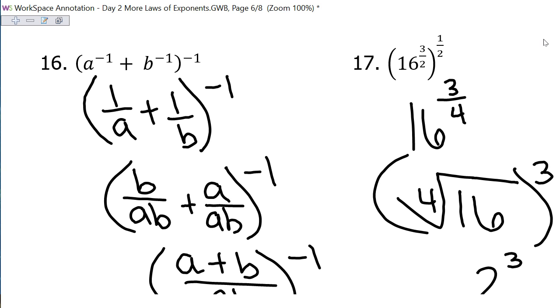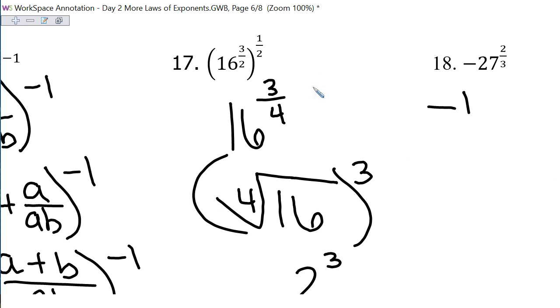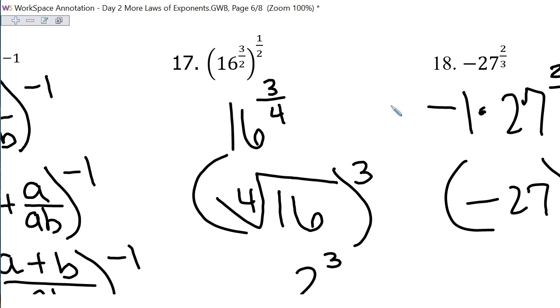And number 18? What is the base for number 18? 27. Notice this is actually negative 1 times 27 to the 2/3. If the base were negative, it would be included in the parentheses, but it's not. So this just means negative 1 times 27 to the 2/3.